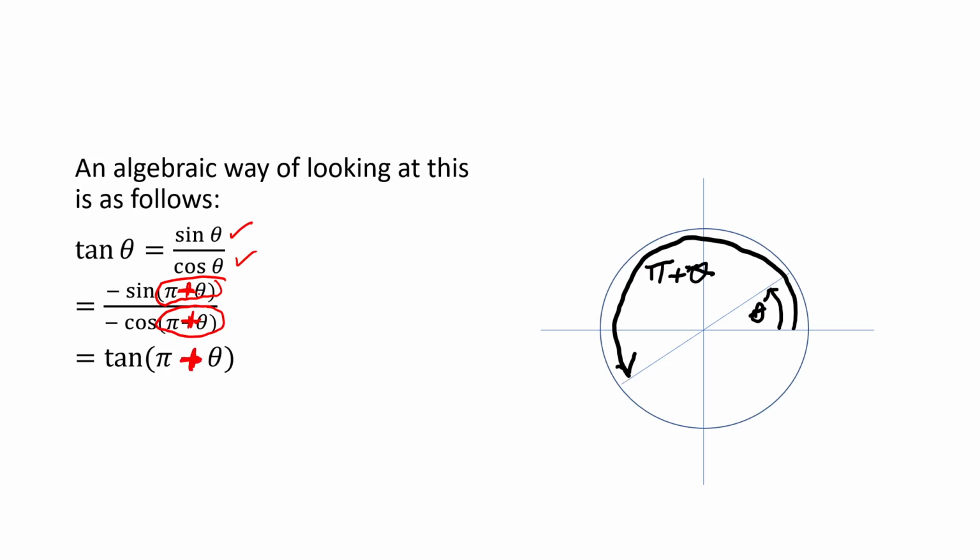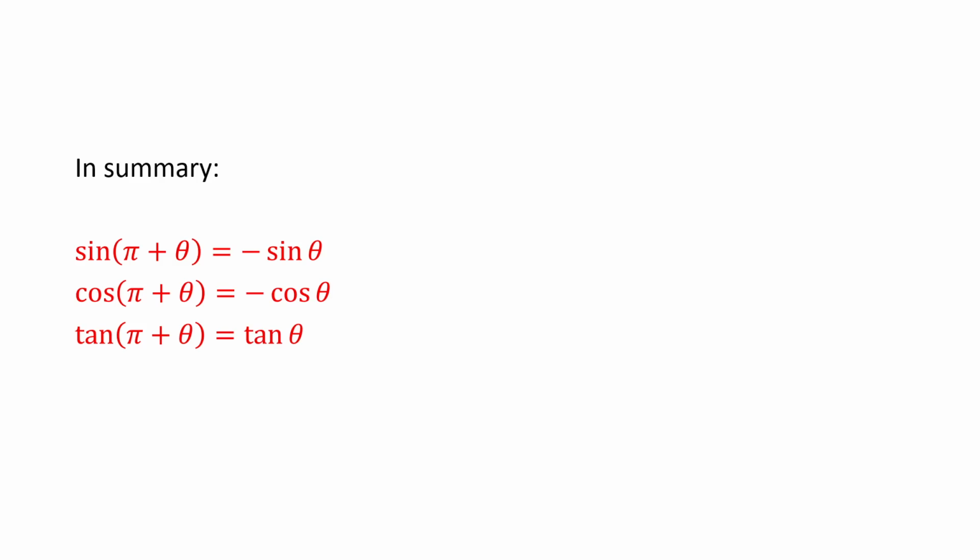So these should all be pi plus thetas because that's what we're talking about here. So we've got the sine of theta over the cos of theta equaling negative sine of pi plus theta over negative cos of pi plus theta, which equals the tan of pi plus theta. So in summary, we can write our summary slide like that.